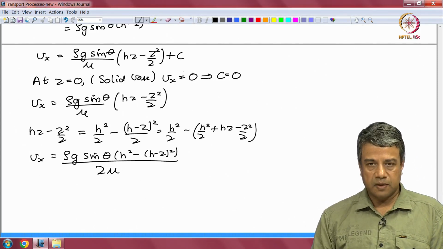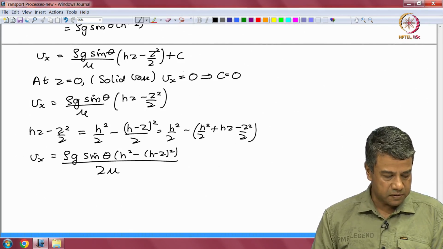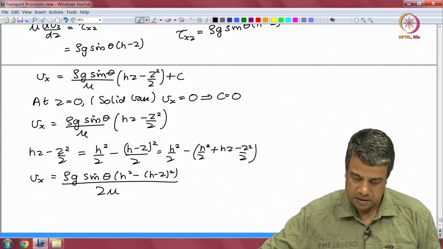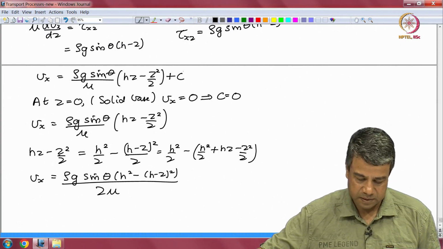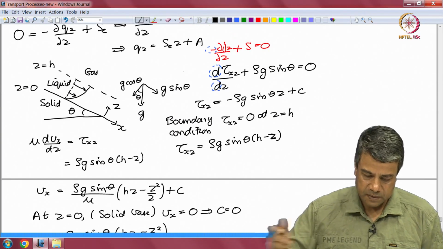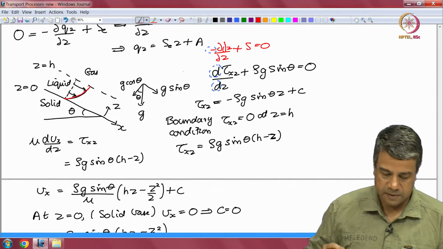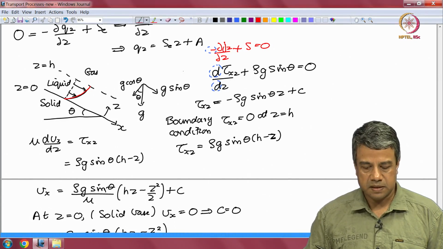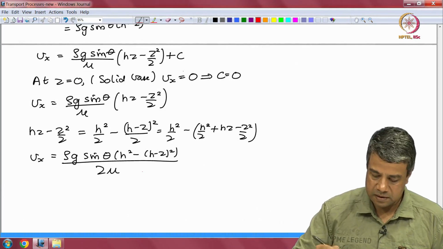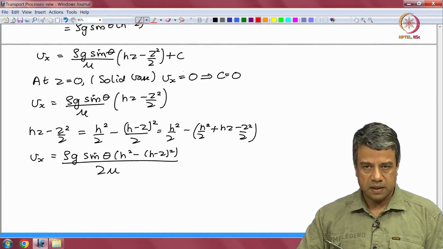So, this is a parabolic profile which has a maximum at z is equal to h and it is 0 at z is equal to 0. It is 0 at z is equal to 0 because when z is equal to 0 this velocity is just equal to 0, and it has a maximum at z is equal to h.